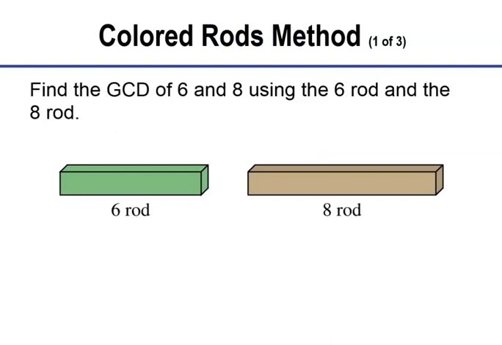Now, one method for finding the greatest common divisor is to look at rods. So, for instance, we have the 6 rod and the 8 rod. And what we're trying to do is divide these rods into equal parts of the same size.